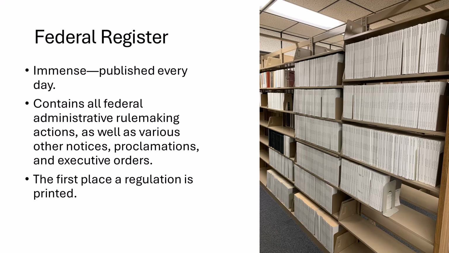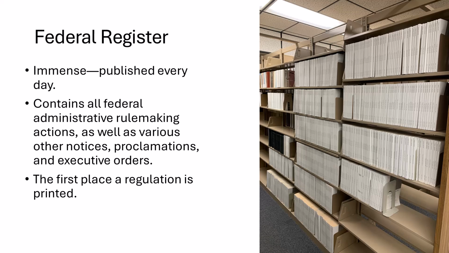But the important thing to know is that just like the first step of the statute's lifespan once it is enacted, just like a statute ends up in a session law and it ends up in statutes at large, any kind of regulations will always make their first appearance in the Federal Register.